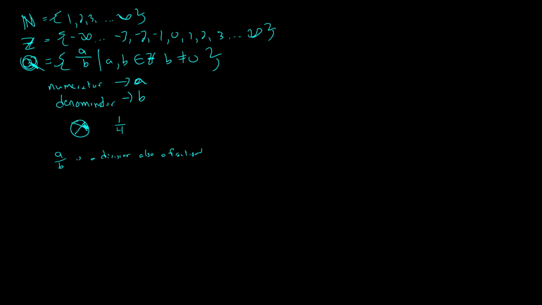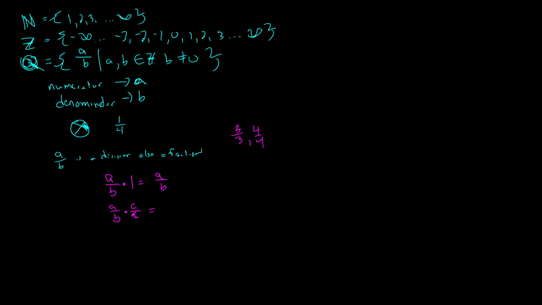Now, if I take any rational number and I multiply it by the number 1, I get the same rational number back. But I can multiply it by a very special version of the number 1. I can do the number 1 such that it's divided by one number, or multiplied by one number over itself, right? 3 over 3 is 1, 4 over 4 is 1, and so on and so on.